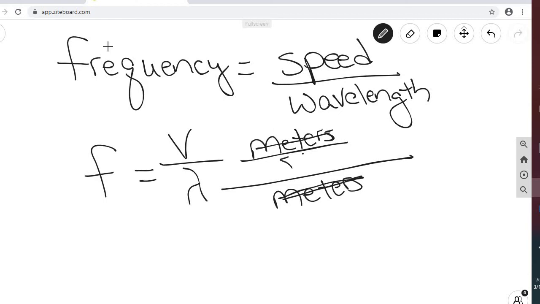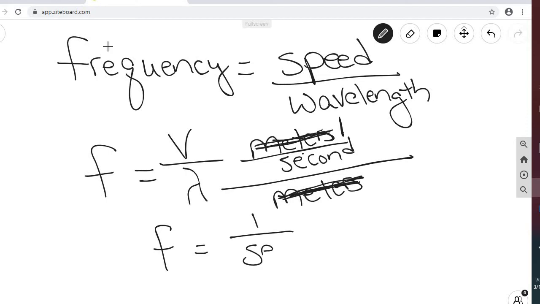So speed is in meters per second for waves. Wavelength is measured in meters. So you have meters on top and meters on the bottom. Well, meters divided by meters is 1. And so the unit that you end up with for frequency is 1 over second, or we would say 1 per second.